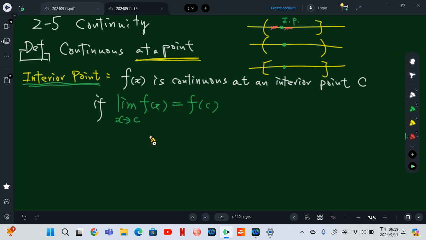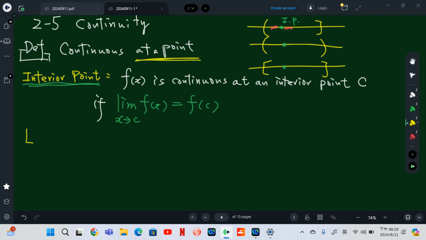Then we will conclude if the two-sided limit exists. And besides, we also need to focus on whether the function is defined at x equal to c. If these two numbers are the same, then we will say it is continuous. Okay, this is for the interior point.